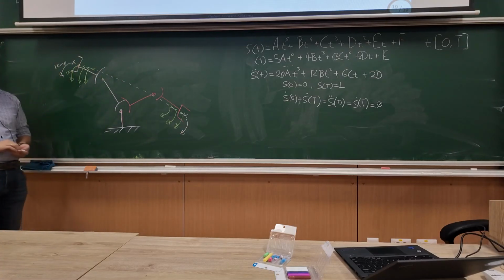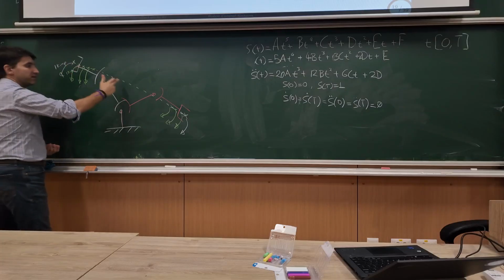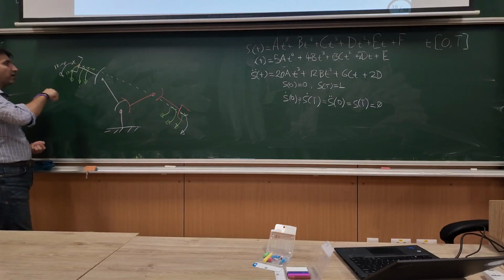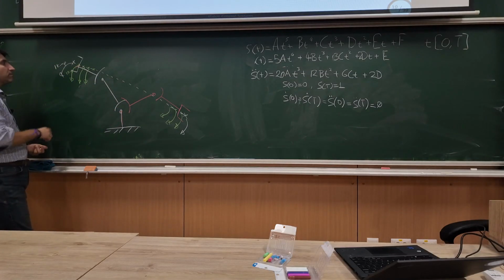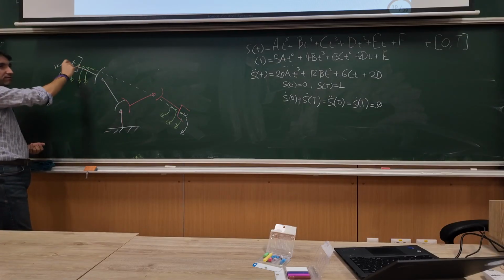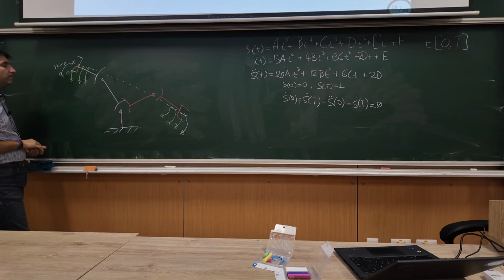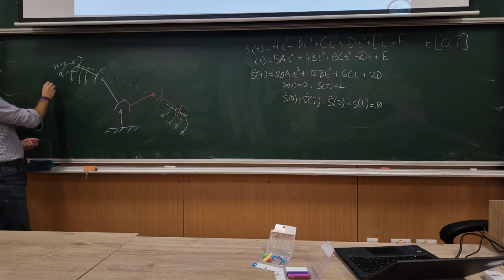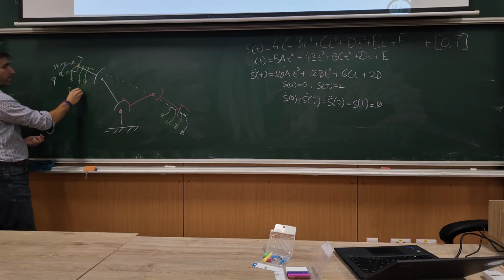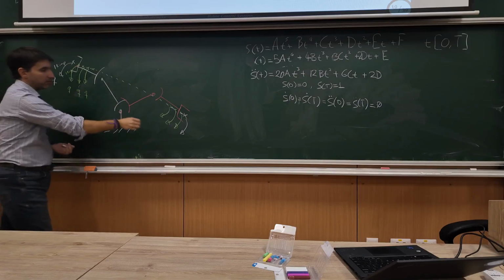Point is, I take the trajectory that I want to have, in this case a line, and I split it in intermediate points, and I calculate the inverse kinematics there. So this will give me some q, and some q, and some q, and so on and so forth.